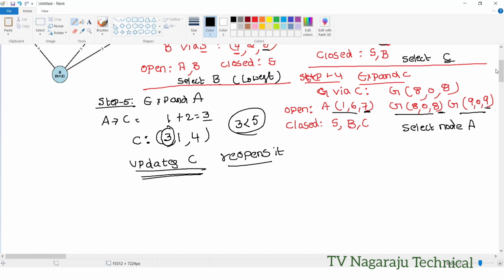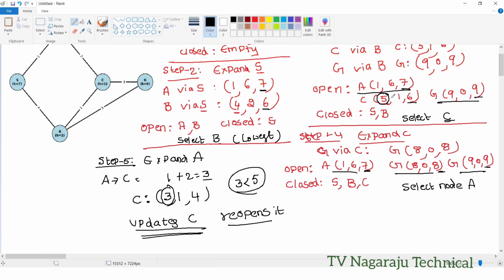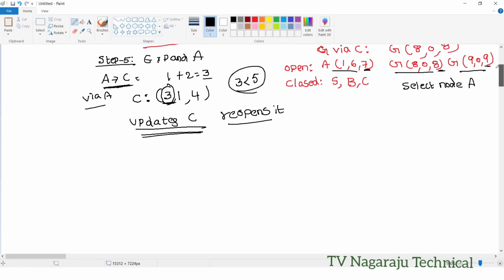The meaning is, even though C is placed in the closed, if you remember, here C is via B. But in this step, you are calculating C via A. If you are moving to C via A, we are getting a lesser G value. Whenever you are getting the minimum value, we need to update.